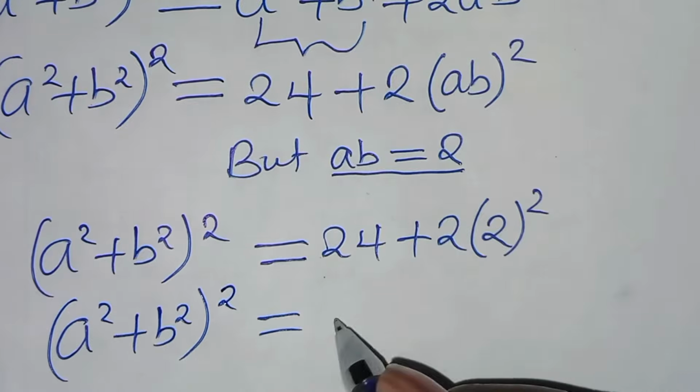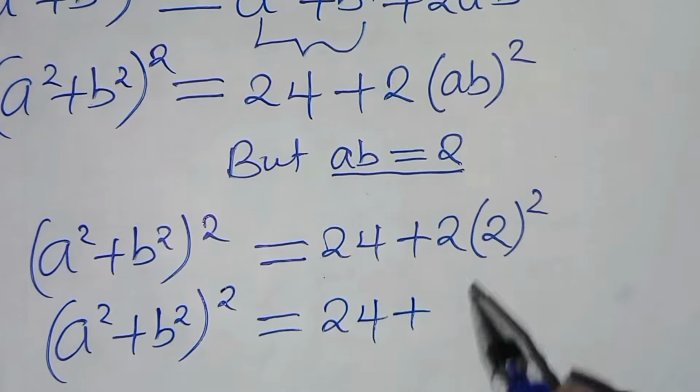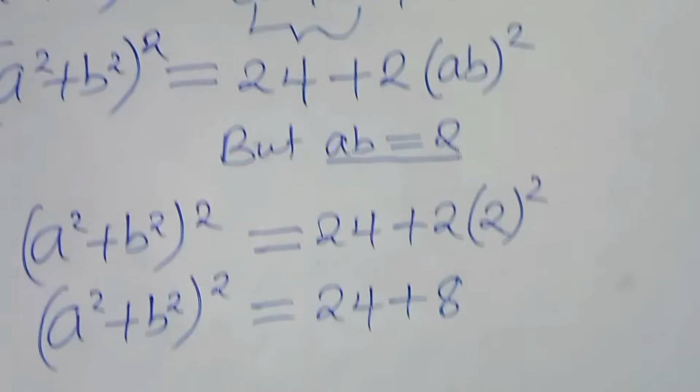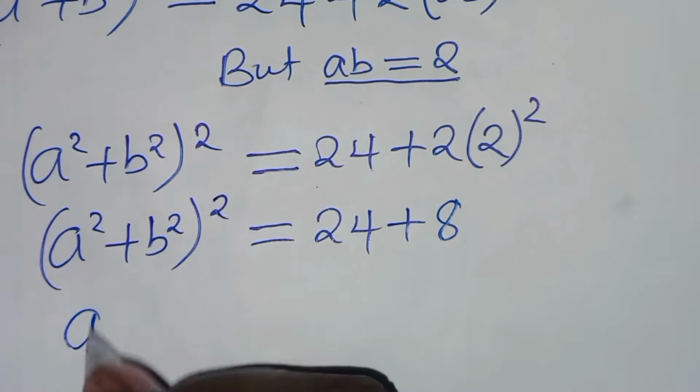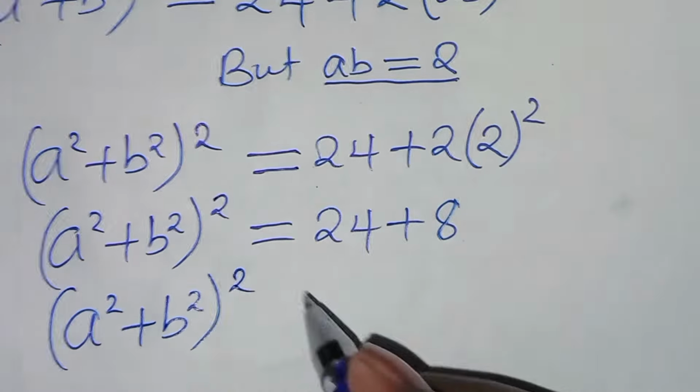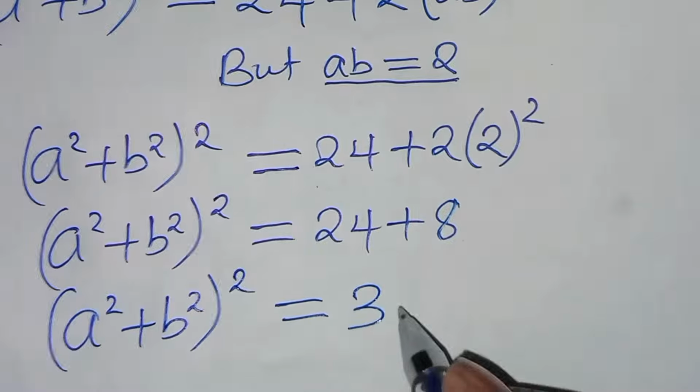This is equal to 24 plus 2 times 4, which is 8. So we have a squared plus b squared raised to power 2 equal to 32.